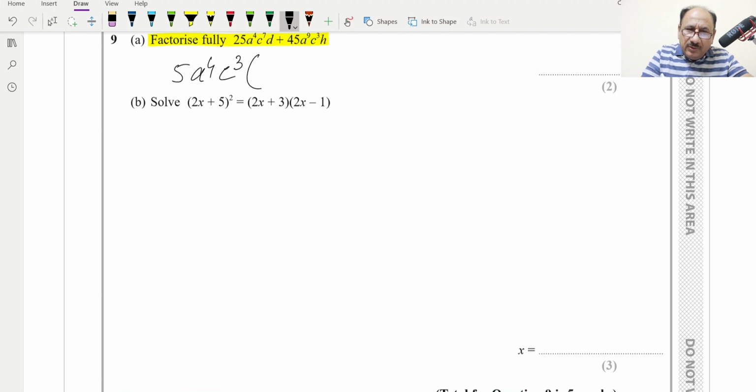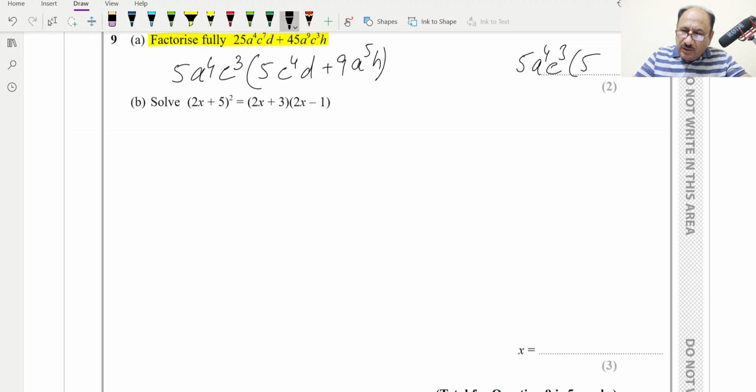The remaining part will be 5 (a is gone, c to the power 3 is gone out, so c to the 4), and d, plus 5 nines are 45, so 9, and a raised to the power 5 and h. So this will be our final answer.